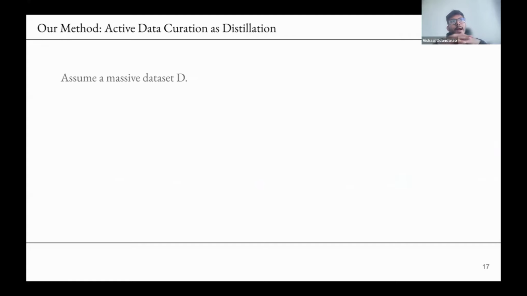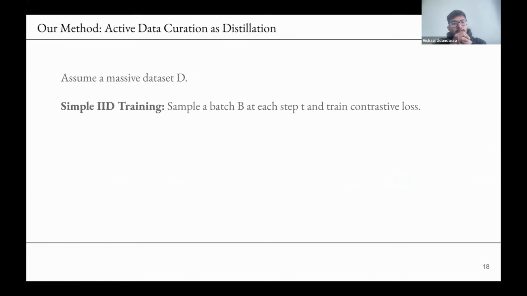And so while thinking about the simplest thing possible, I'm going to talk about a couple of immediate baselines one would think of, right? So let's say you have a massive dataset D containing image and text pairs. If you did simple IID training, which is what CLIP and SigLIP and all of these other models do, what you would generally do is, from the dataset D, at each step, sample a batch and then train the model on a contrastive loss.